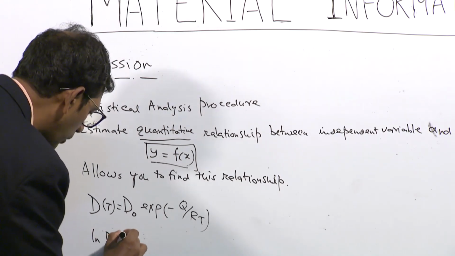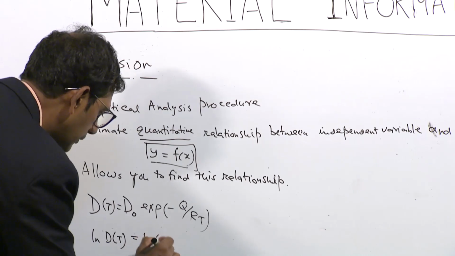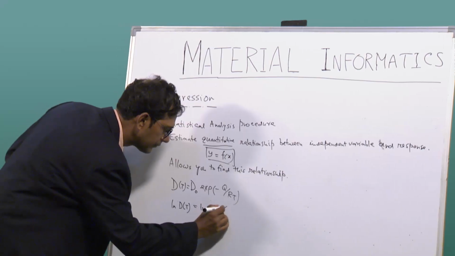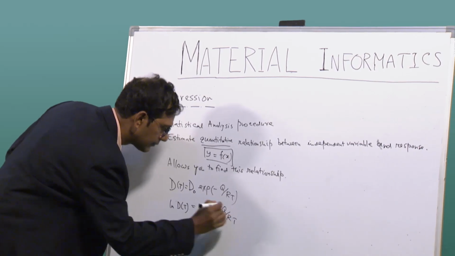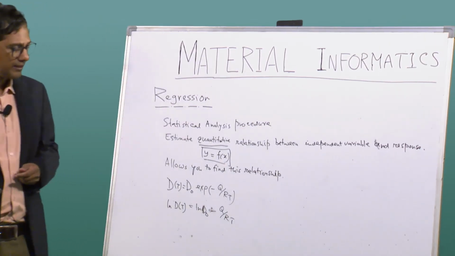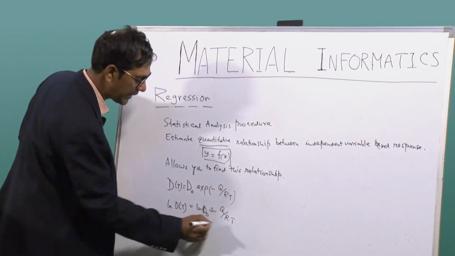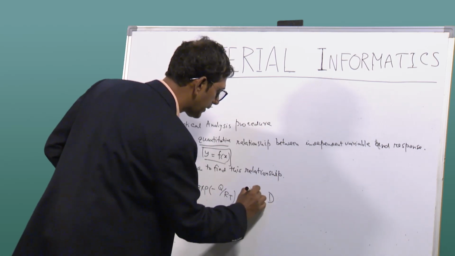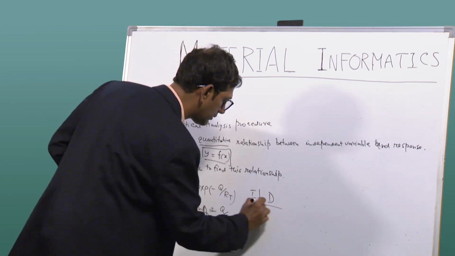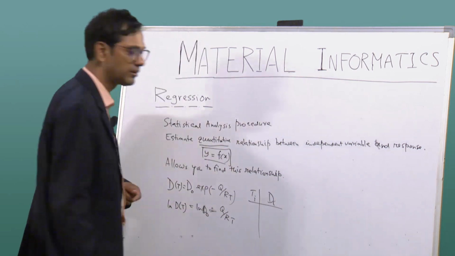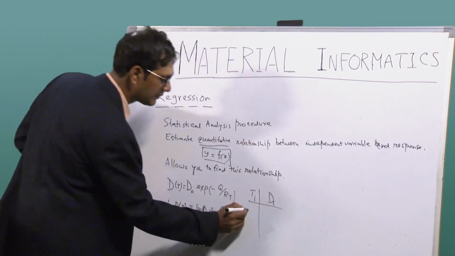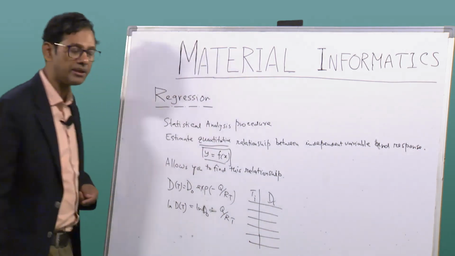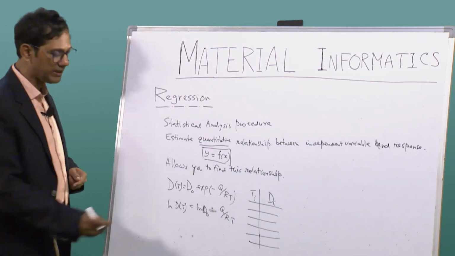If I take a log on both sides, am I clear? So, now let us say I have data between D and temperature. I have this kind of data with me, a lot of such data experimentally determined, and I want to fit this.